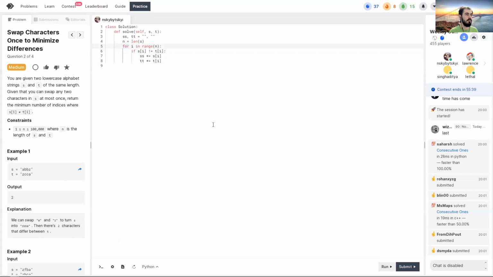Okay. Let's actually create something. I would like to do the following. Whenever we encounter different characters, I would like to append this position here.